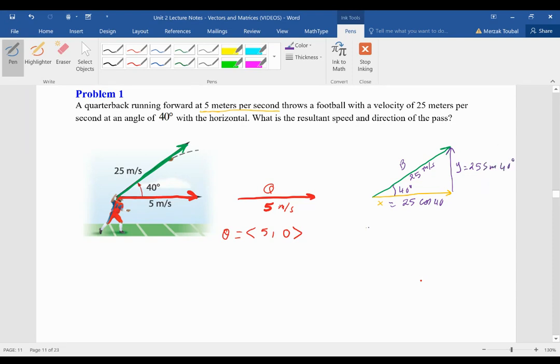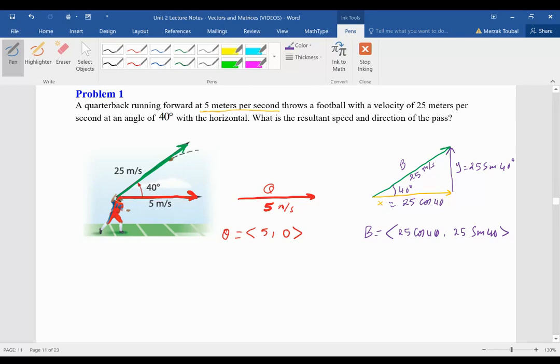So if I write the vector B in component form, it would be 25 cosine 40, comma, 25 sine 40, where the second is the vertical component. Good. So now we have both vectors in component form.